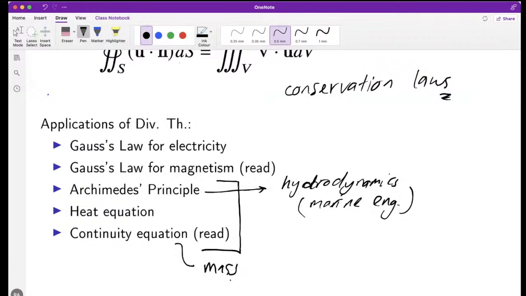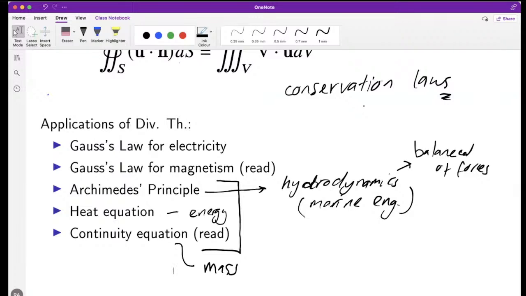And for the heat equation, it's conservation of energy. And for Archimedes principle, I would think about this as just a balance of forces. So balancing and conservation are very much related.